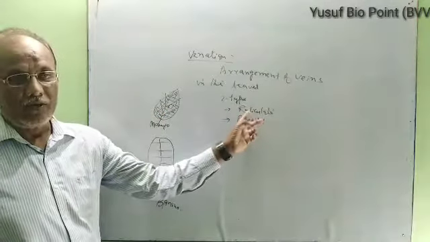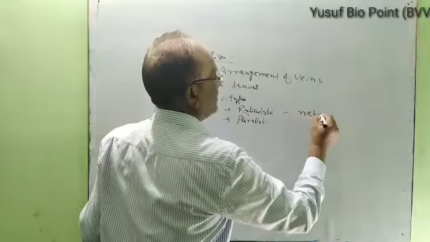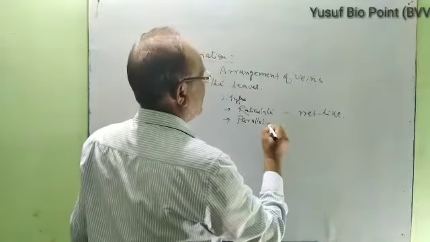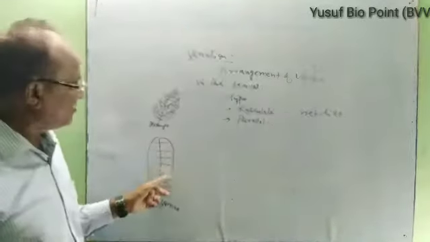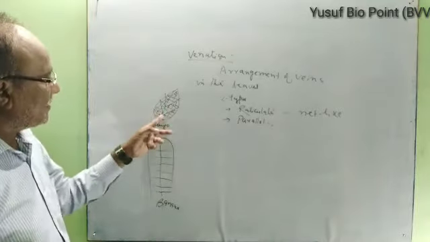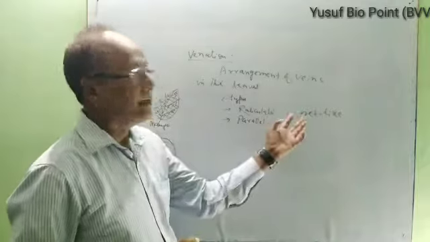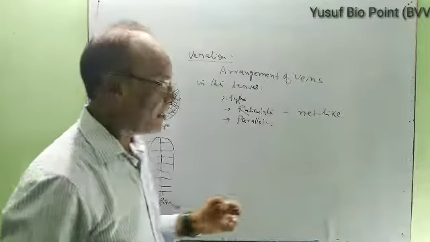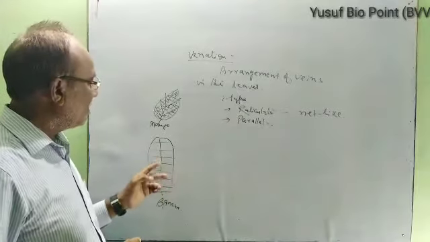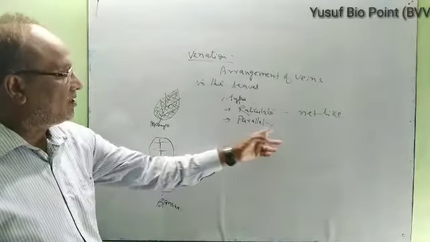One is reticulate like network, and they are parallel to each other like this one. So those leaves in which the veins are found in net-like fashion will be called reticulate, and if the veins are found parallel to each other, then it is called parallel.